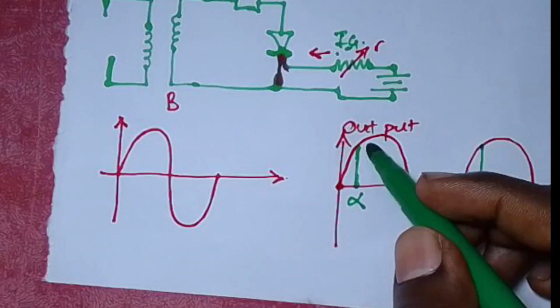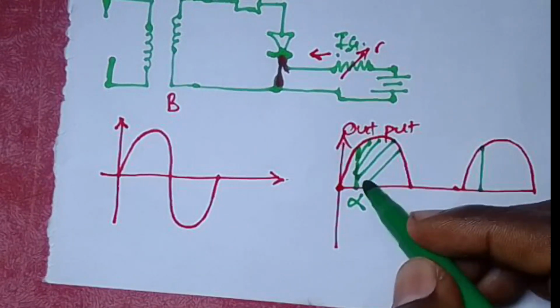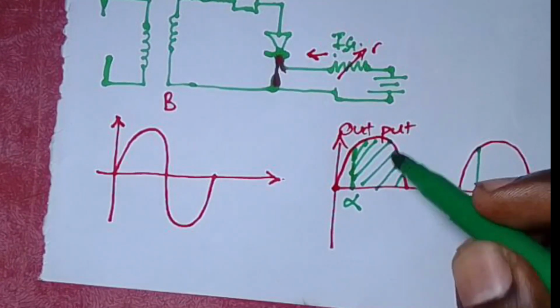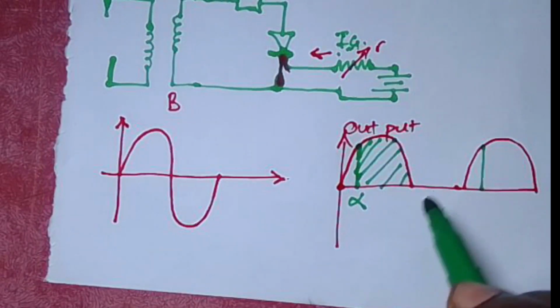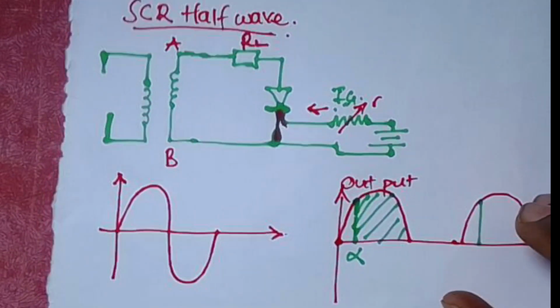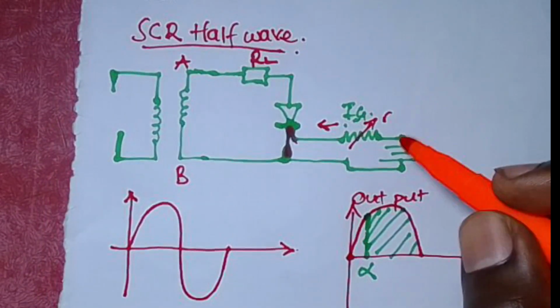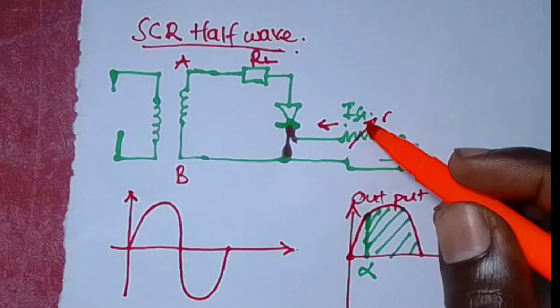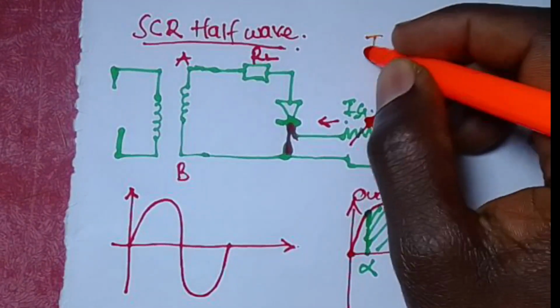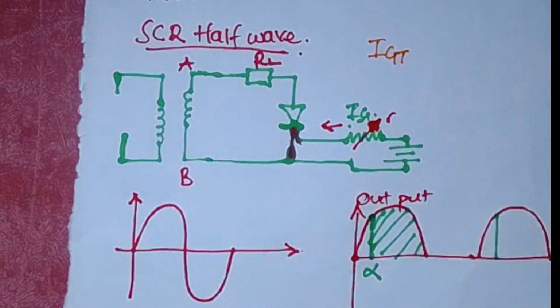This SCR is always turned on at a certain angle called the firing angle, and it will always conduct as long as the voltage has reached it. For this SCR to conduct, remember we have a gate current. This gate current has to be at a certain value called the gate triggering current, IGT.